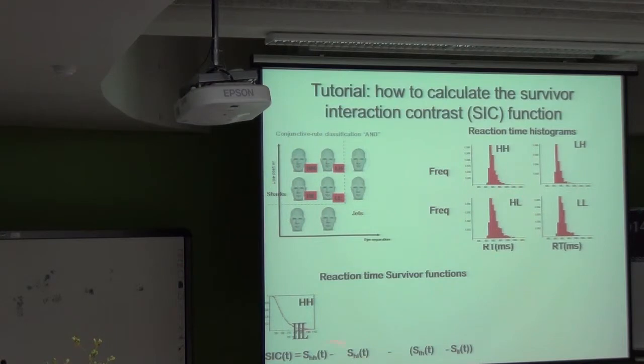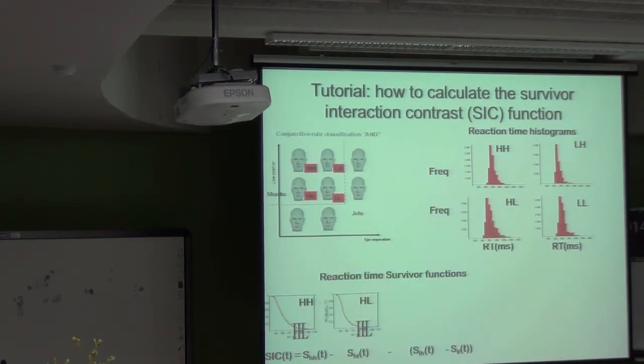You don't even have to know the properties of a survivor function in order to run this kind of experiment. You only need to have the design, collect reaction times, and then find the estimate of empirical survivor functions. I have these symbols here, ugly, but just ignore them.